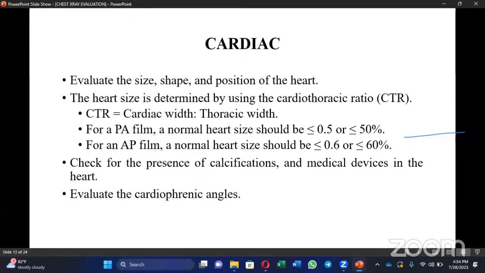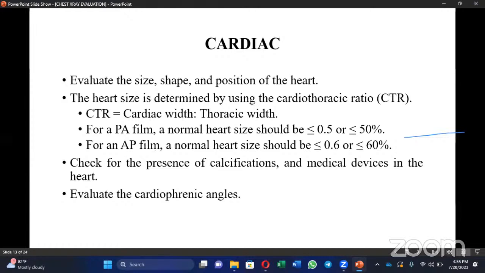In radiography, the further an object is away from the image receptor, the more that object becomes magnified. So when the heart is away, as in the case of an AP film, the heart becomes magnified. But we have no option other than to do an AP film, and we have to also assess the heart size.